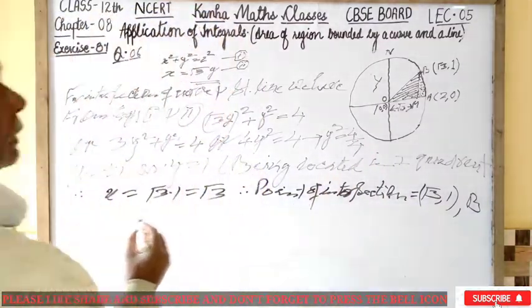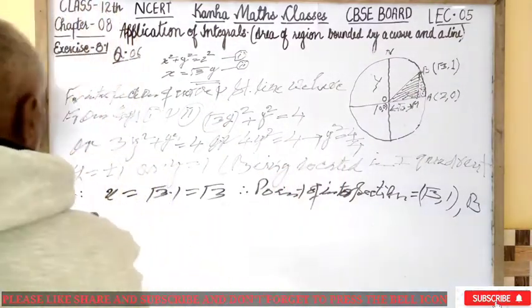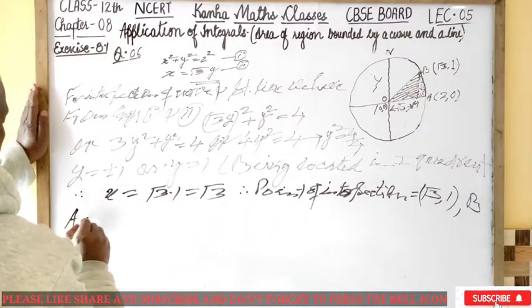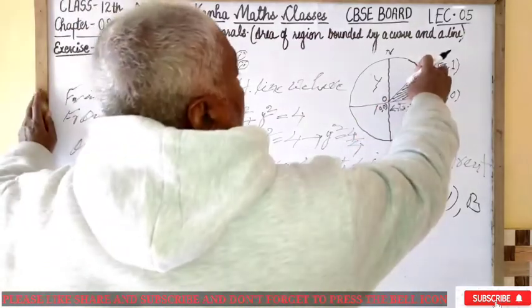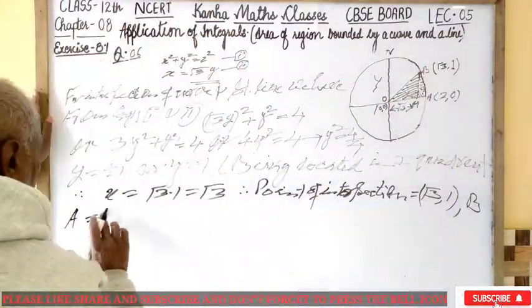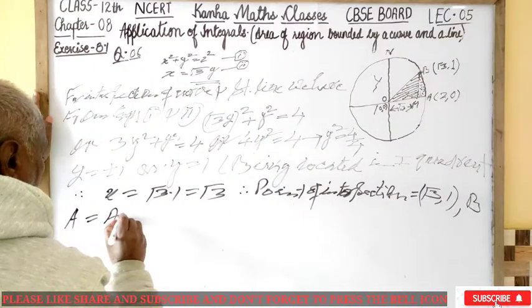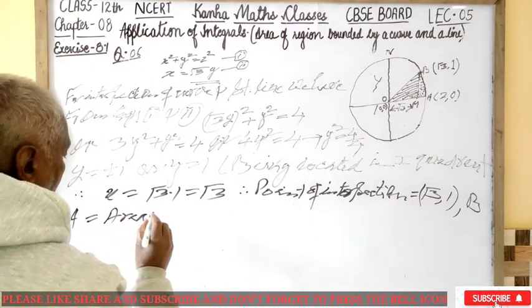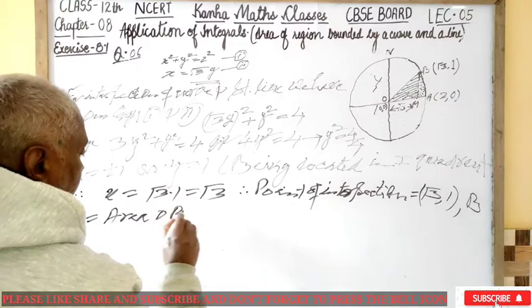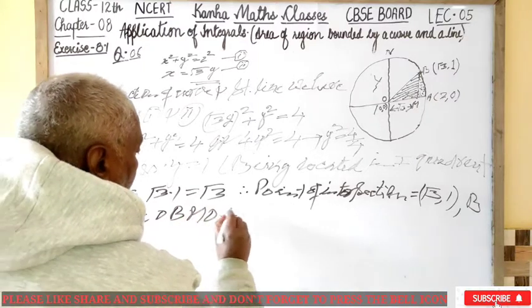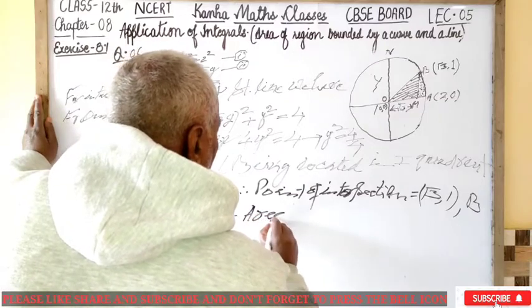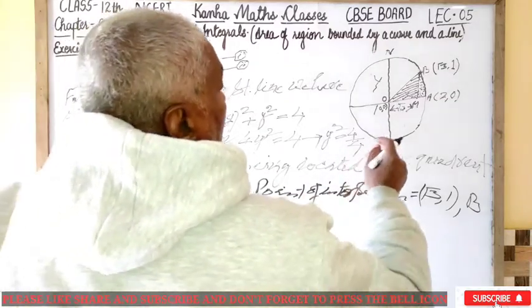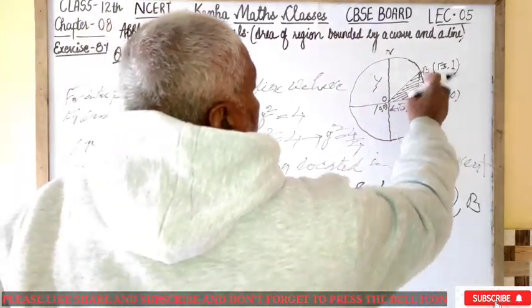Hence area A is equal to area OBMO plus area MABM.